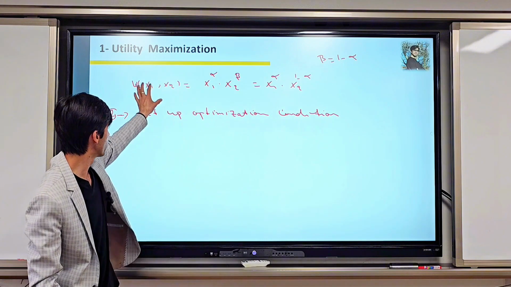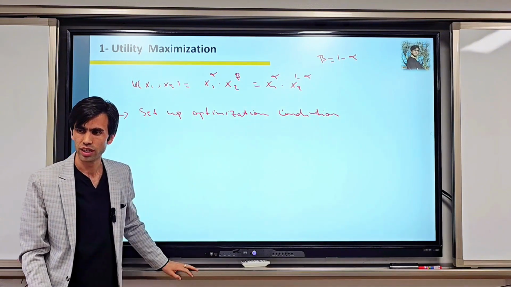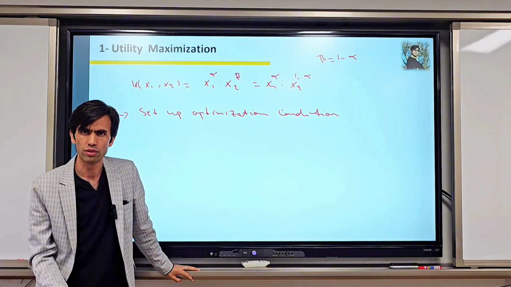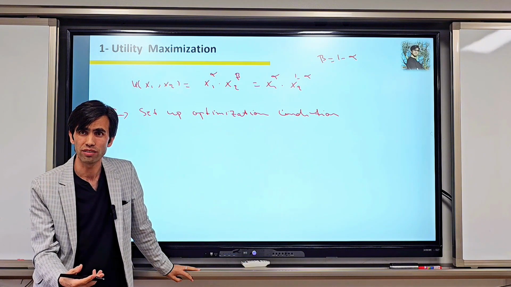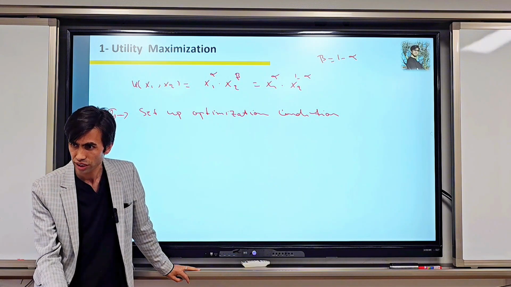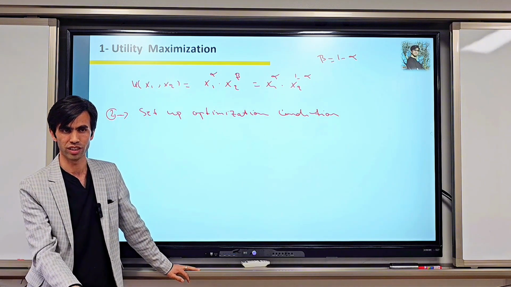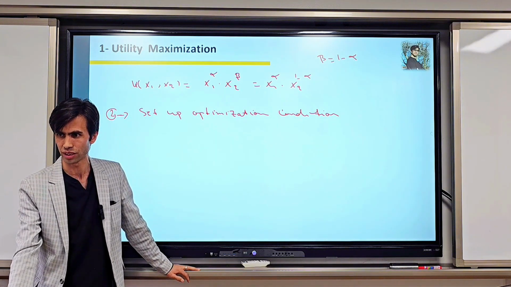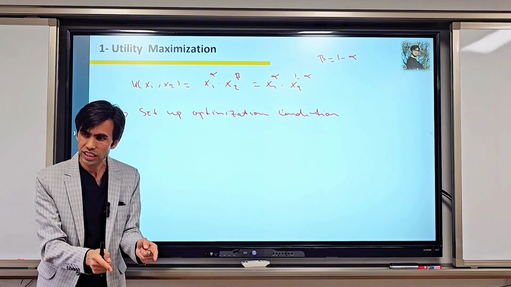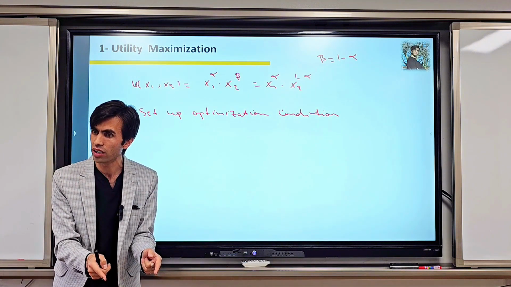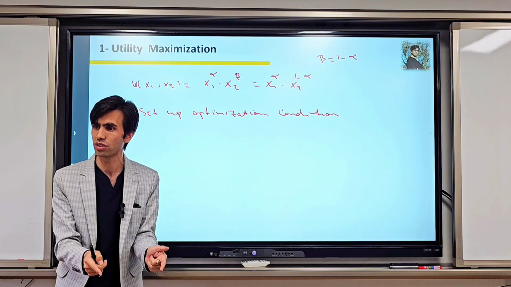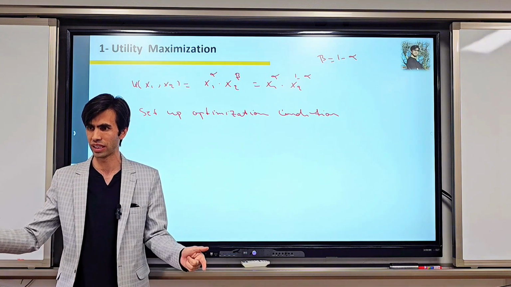Because when the professor brings this question, she will ask you to find, for example, the Marshallian demand, indirect utility function, or expenditure function that we had in our midterm exam. She didn't mention what kind of method or procedure you have to use from the beginning.